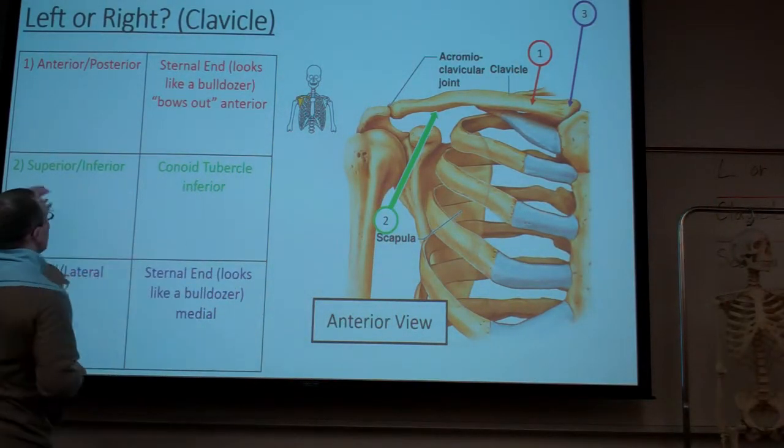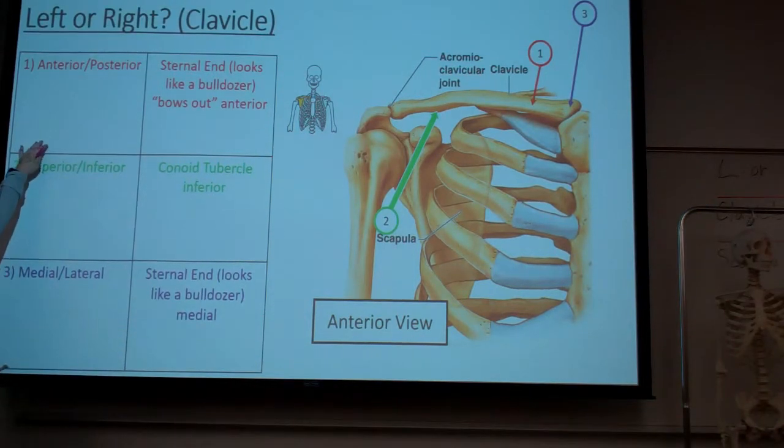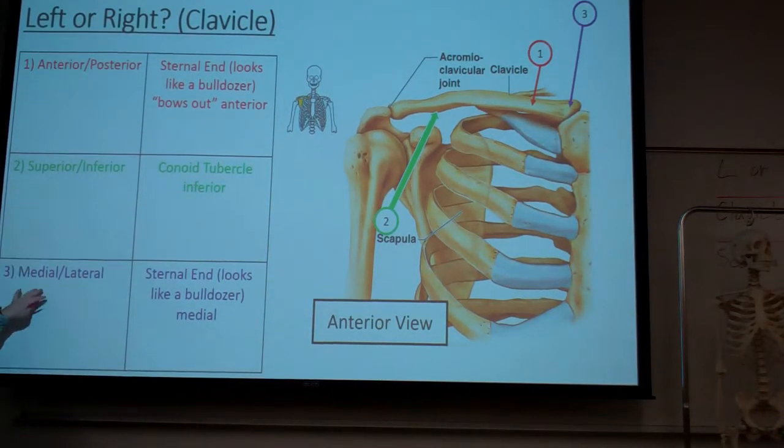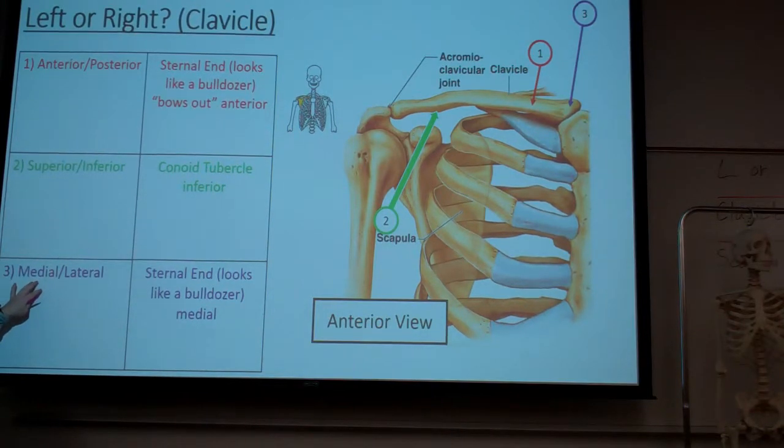You need something that tells you front from back, or anterior to posterior. You need something that tells you above and below, or superior and inferior. And something to tell you whether it's medial or lateral, side to side.